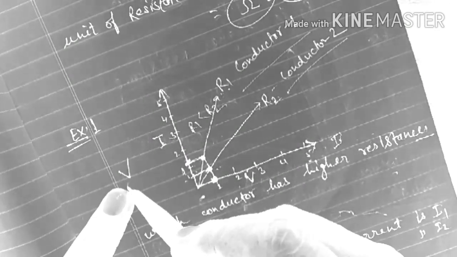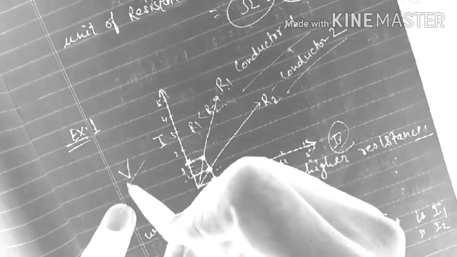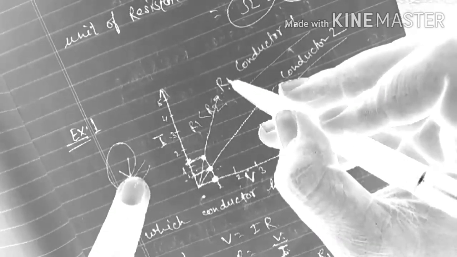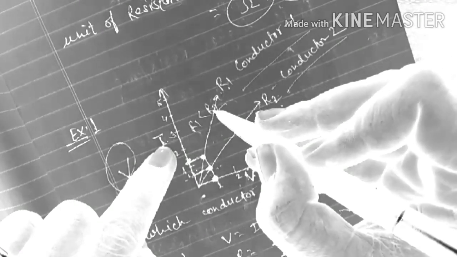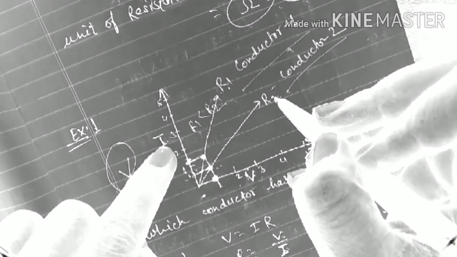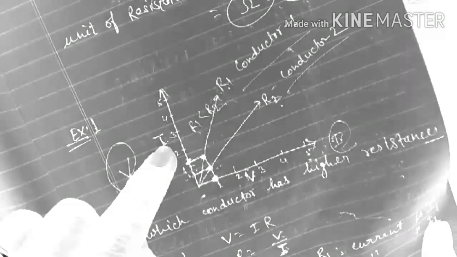For V and I, if we take V, we take I, then R1 is more and R2 is less. But when we take V on the x-axis and I on the y-axis, then R1 is less and R2 is more. Okay, it is an important thing.